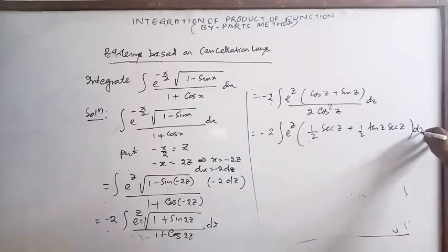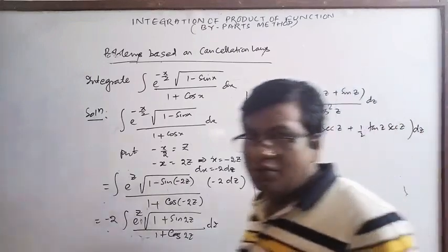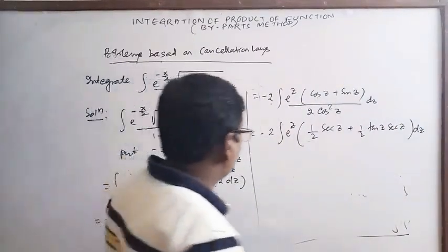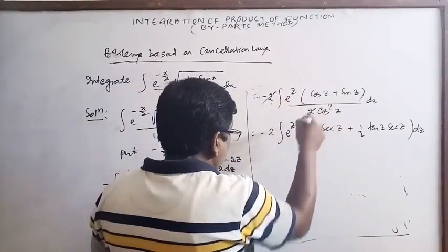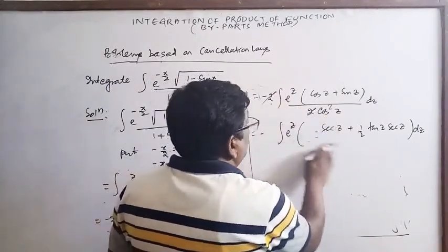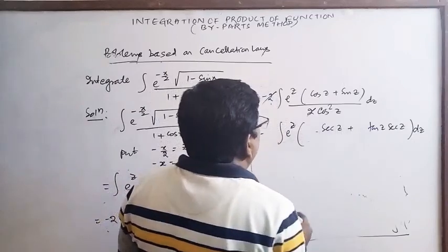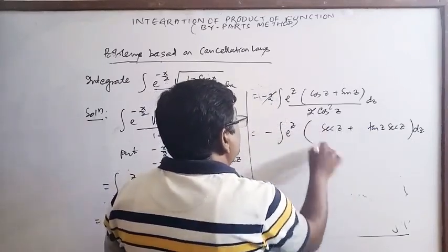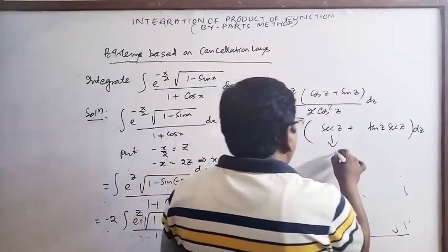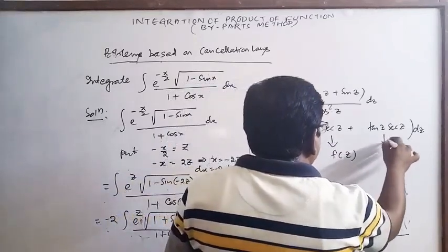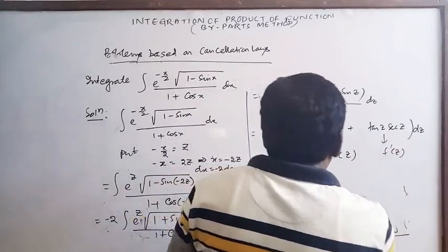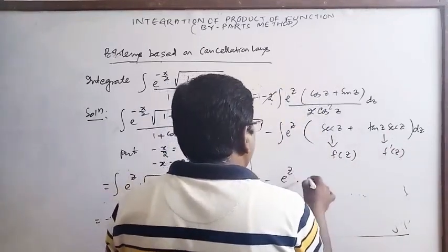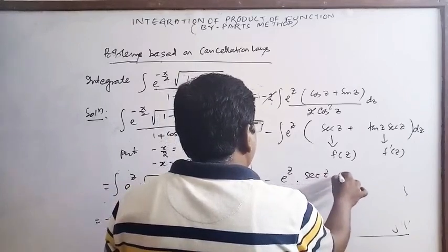dz. One thing, make the 2 cancel here, it will be easy. So this is minus, what is the derivative of sec z? This is f of z, and this is f dash z. By the formula, that is minus e to z into f of z, that means sec z, plus c.